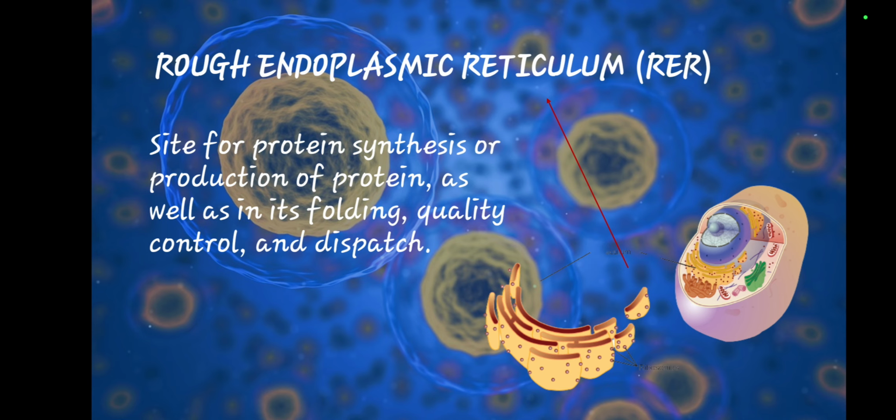We can describe the appearance of the rough endoplasmic reticulum as a series of connected flattened sacs. It is part of a continuous membrane organelle within the cytoplasm of eukaryotic cells. And take note, the main function of it is to produce proteins for the rest of the cell to function.